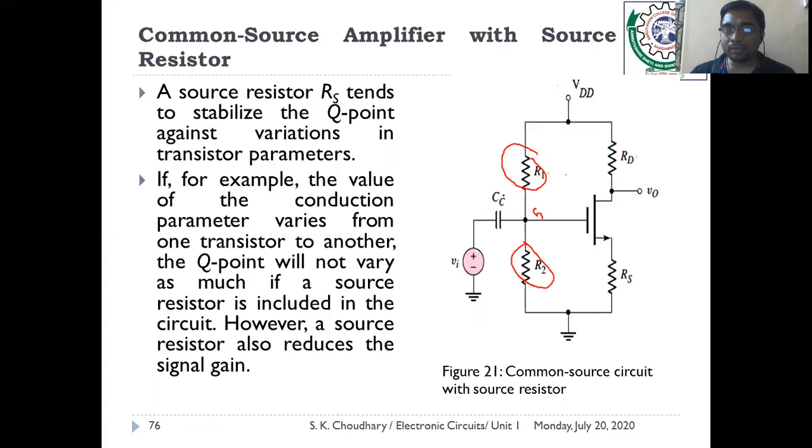There is one coupling capacitor between the voltage signal generator, that is a function generator or signal generator, which generates the AC voltage signal, and this coupling capacitor acts as a short circuit for this input AC signal. So this would be excluded from the small signal equivalent circuit of the common source amplifier.